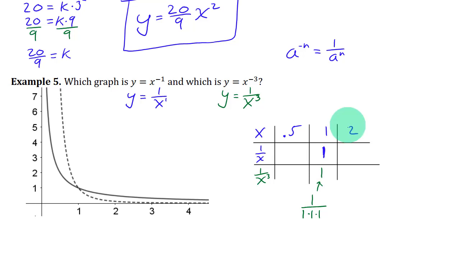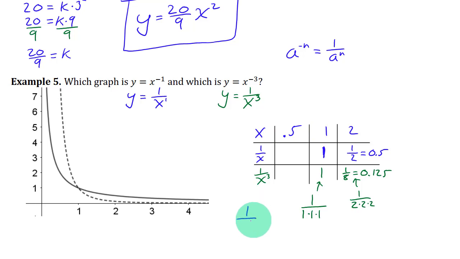Then let's do this a little backwards. Let's plug in x equals 2 first. If x is 2, we just have 1 over 2, which is 0.5. Here, 1 over 2 to the power 3 is 1 over 2 times 2 times 2, which means 1 over 8, which is 0.125 if you divide that out. What happens if you plug in x equals 0.5?